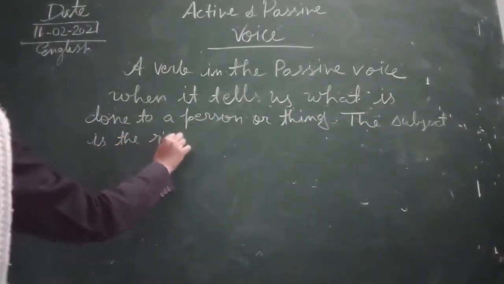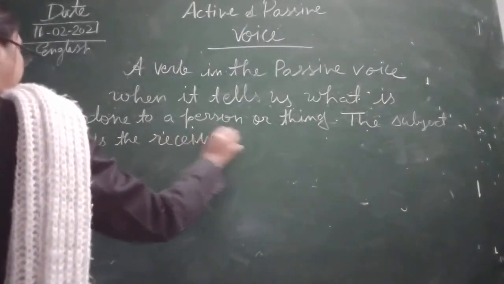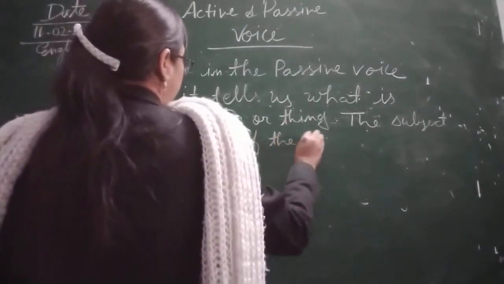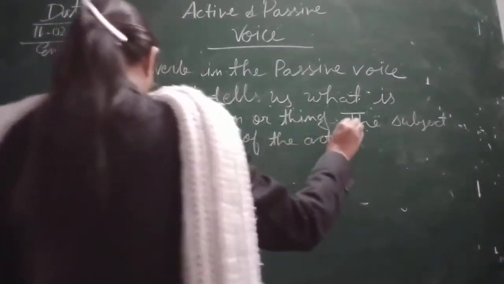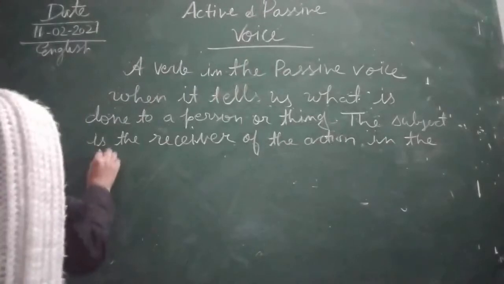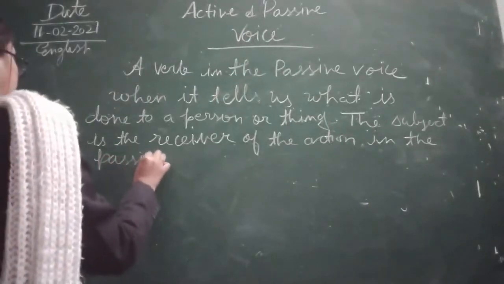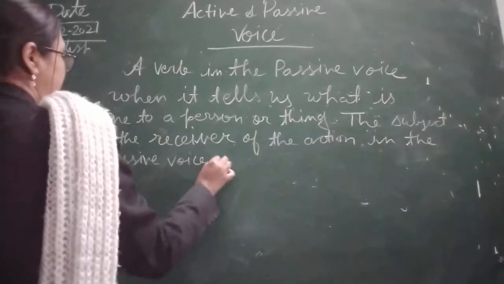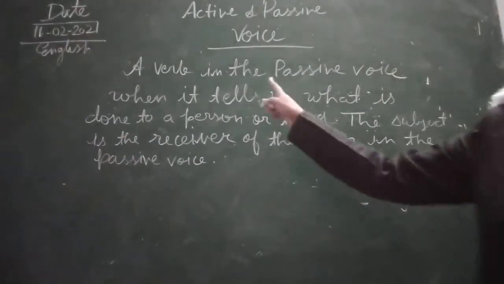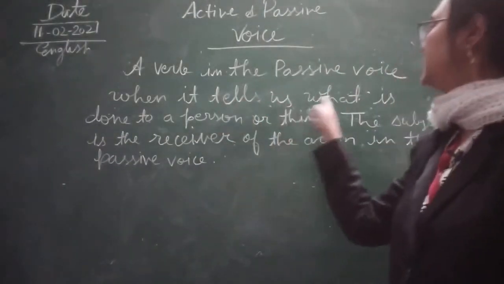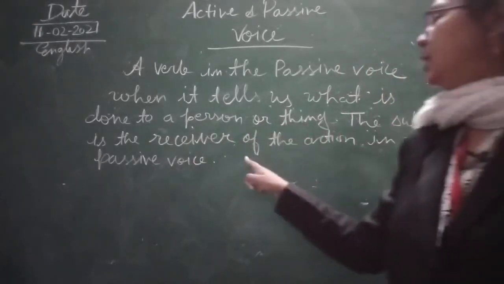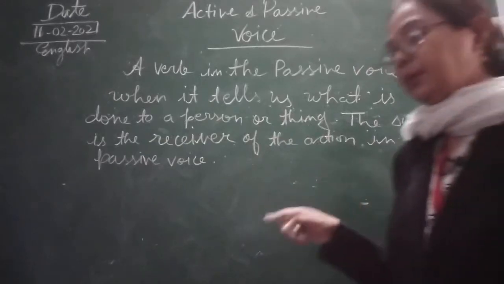Now here children, the subject is the receiver of the action in the passive voice. Now children, as the definition tells you, what is passive voice? A verb is in the passive voice when it tells us what is done to a person or thing, the subject is the receiver of the action in the passive voice.